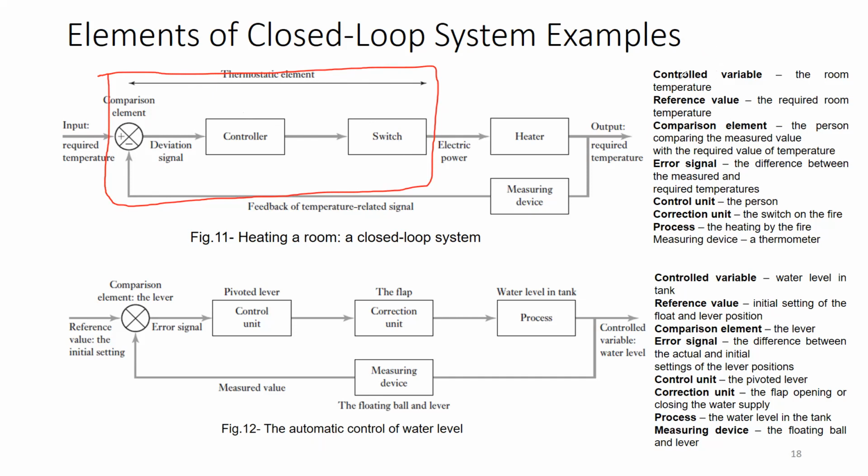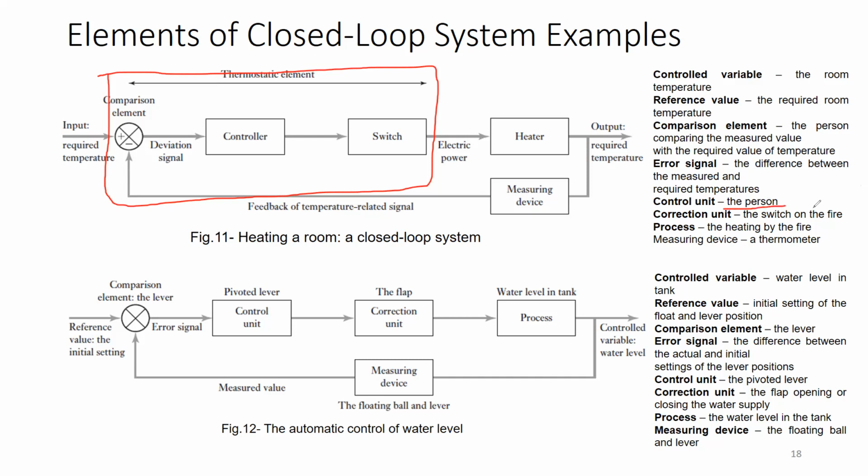Here you can see the controlled variable is the room temperature. The reference value is the required temperature. The comparison element is the person comparing the measured value and the required value of the temperature, if it is a manual system. The error signal is the difference between the measured and the required temperatures. The control unit here is the person who is sensing the change in temperature.